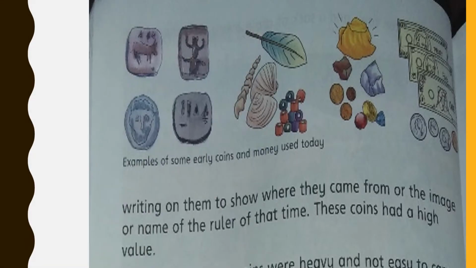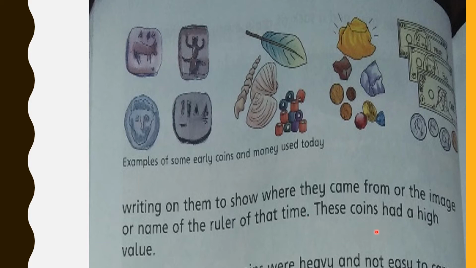Kids, as we are talking about the first money that had been invented by the Lydians, later on coins were produced in silver, copper, bronze and other metals. The coins had pictures and writing on them to show where they came from, or the image or the name of the ruler of that time.